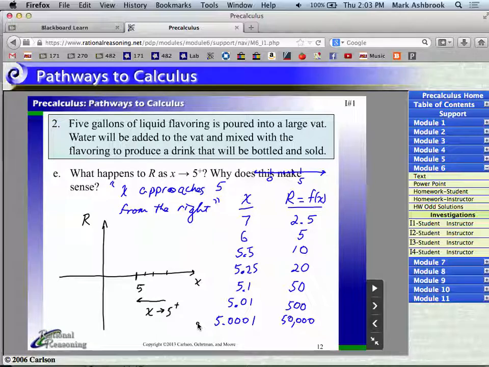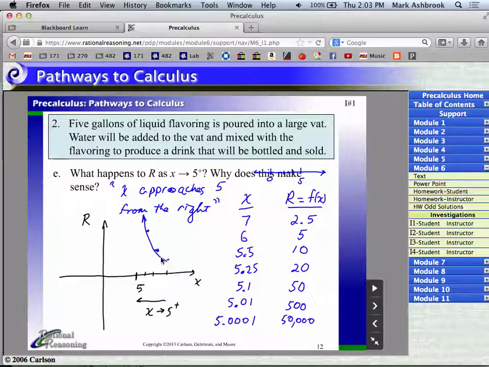And so we got our data points. We started with 2.5, then we had 10, and then we had 20. And then we get close to 5, and the amount of flavoring compared to the amount of water just shoots up, skyrockets.